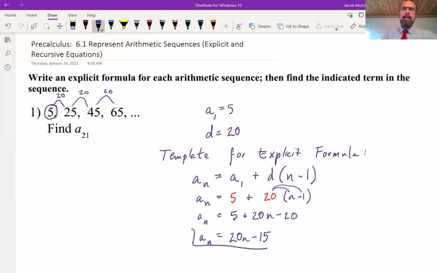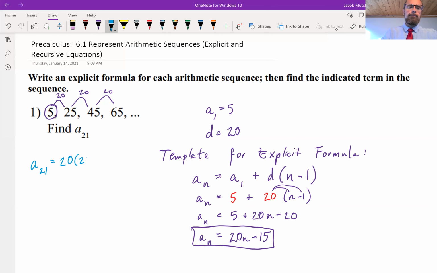Now, once I have that formula, for me to calculate, in this case, the 21st term, I want to find a sub 21. All I have to do is take the number that would identify the term in the sequence and plug that value in for n. So if I want to find a sub 21, I'm going to take the explicit formula we just wrote, and for n, I'm going to substitute in 21.